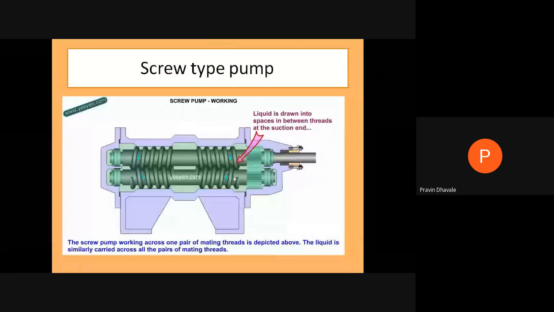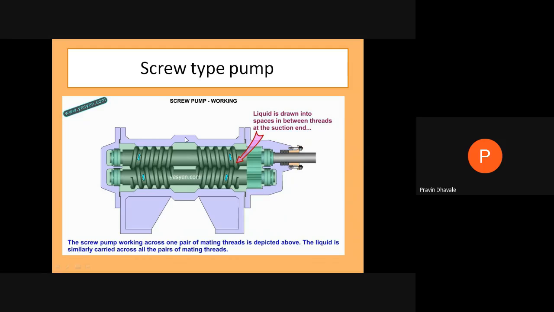The fluid is moving toward the center portion, and at the center there will be a provision for the outlet or for the discharge of the pressurized fluid.